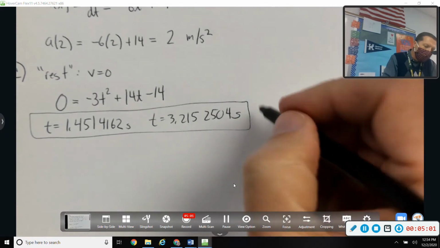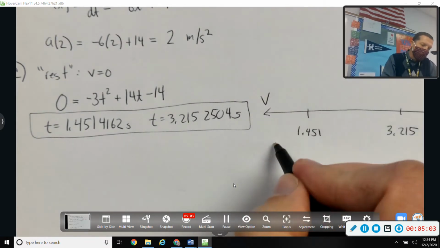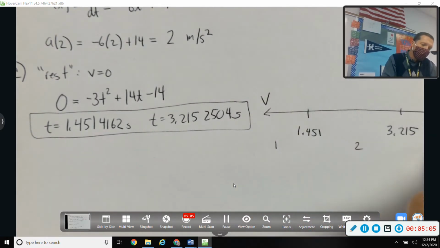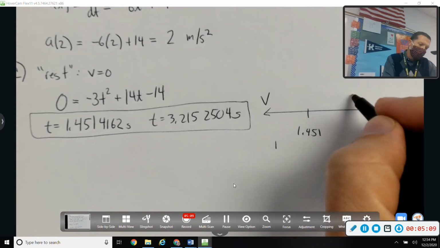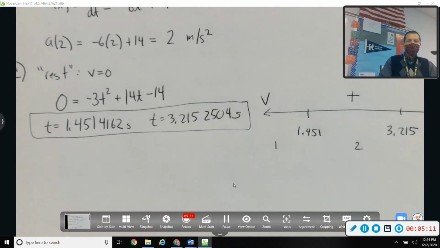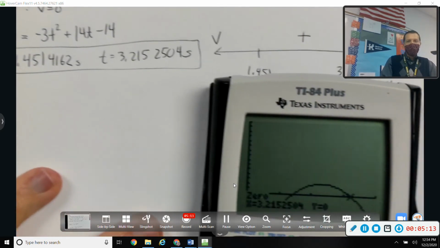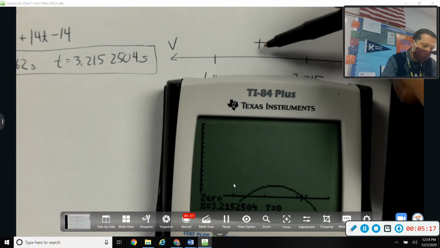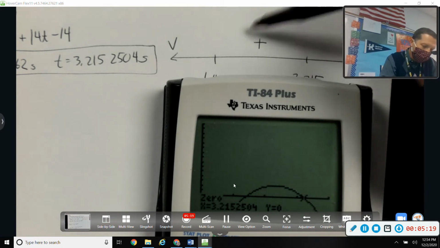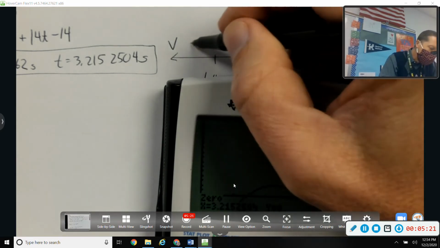And normally, I would pick a test point, 1 and 2 and 4. Actually, we already did 2. V of 2 was positive. But I don't even have to do that because I can look at my graph and see that it's positive in the middle and it's negative at the ends.